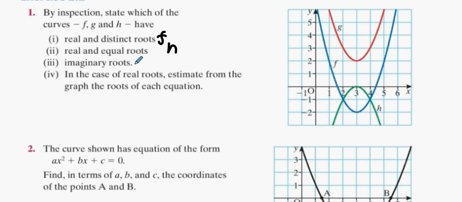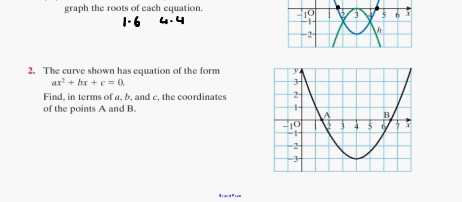Imaginary roots, or roots that don't exist, G. In the case of real roots, estimate from the graph what the real roots are. So what do you reckon these 2 points are? 1.6 and 4.4, 4.5, somewhere in that area. Cool. Question 1 done.